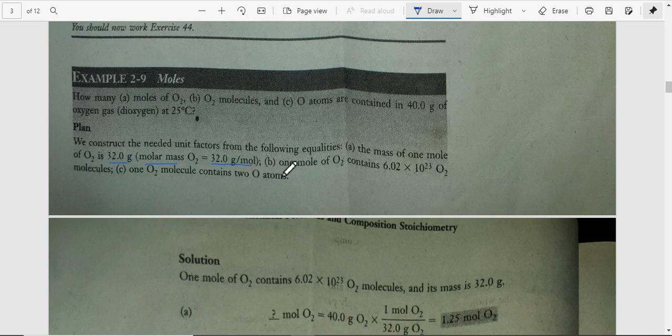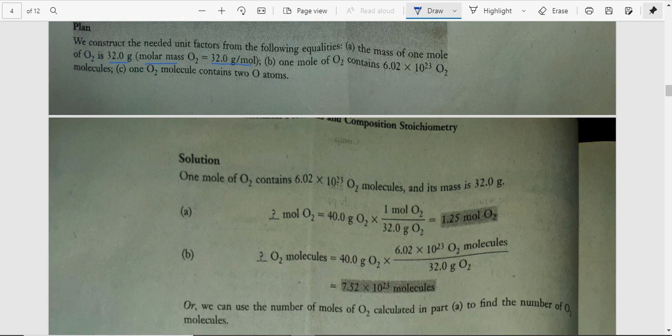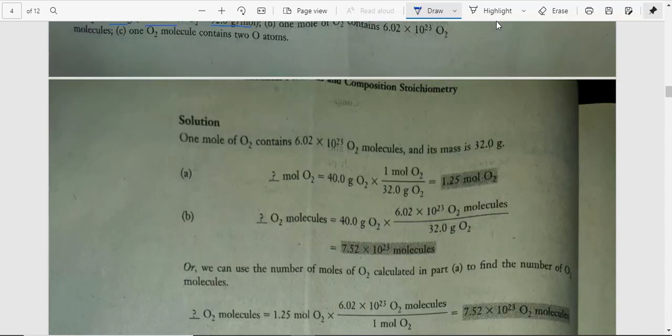Next, 1 mole of your O2 contains 6.02 times 10 raised to 23 O2 molecules. Next, 1 O2 molecule contains 2 oxygen atoms. Continuing with our lesson: 1 mole of your O2 contains 6.02 times 10 raised to 23 O2 molecules and its mass is 32 grams.